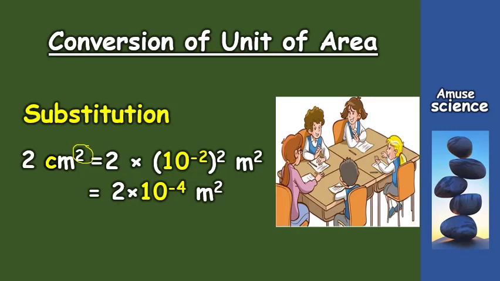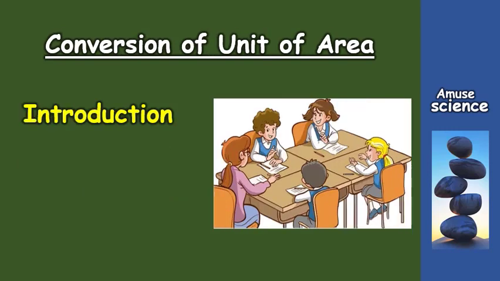Now let's look at how we do introduction here also. Let's take the 2 times 10 exponent minus 4 squared meter that we had under the substitution, and let's convert it back to centimeter squared. Once again, you would realize that we don't have the centi in this figure given, but we want to introduce it into our final answer. And so when you are introducing a prefix, the sign of the prefix must change.